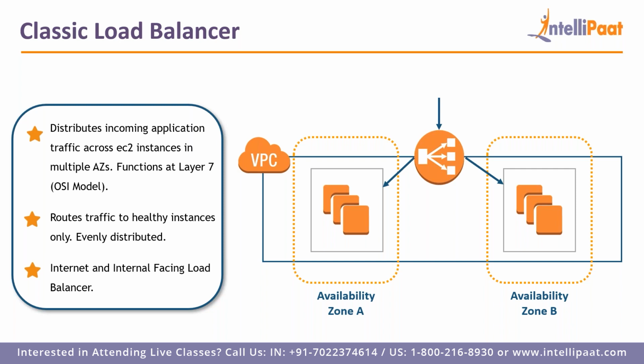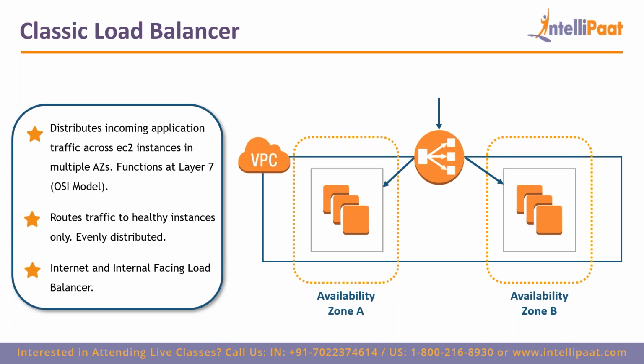Internet and internal facing load balancers. Internet facing means it is available to the public. If I give you the URL to the load balancer, you will also be able to see the website which is hosted using that. If it is an internal facing load balancer, you will be configuring it to a particular VPC.